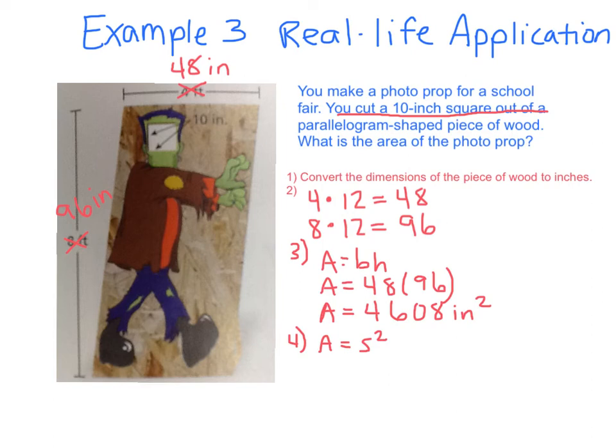Remember, this is prior knowledge. This isn't something we've gone over. I should be able to say, whoops, one side is 10 inches. It tells us right here. So 10 squared is what my area would equal. Well, 10 squared equals 100, because it would be 10 times 10.